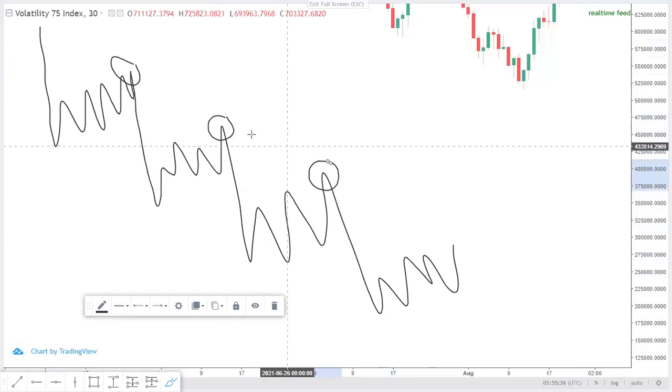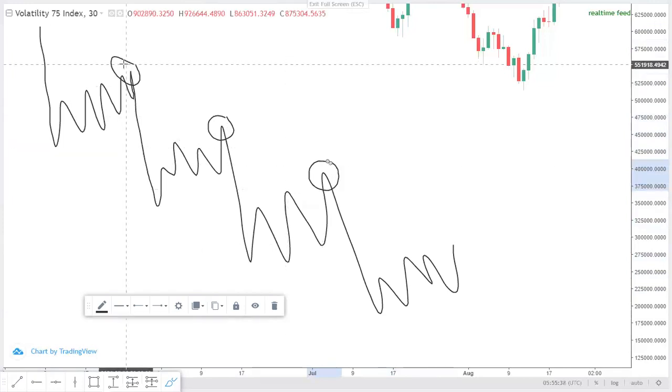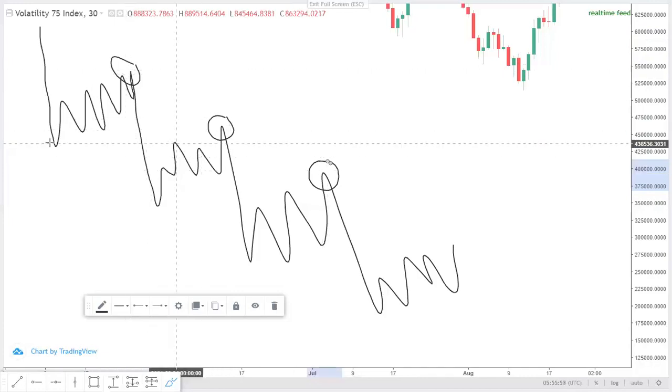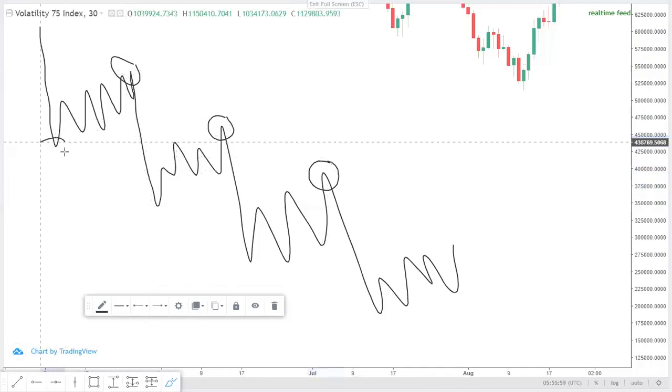Most of my entries, as you see whenever I post on Instagram, I take at the beginning of a new trend or at the continuation of a trend. So most of our entries, we are going to learn how to take on these spots, and these spots are also pullbacks.